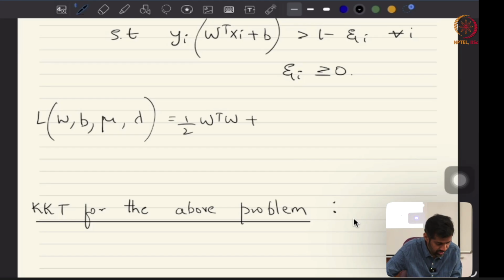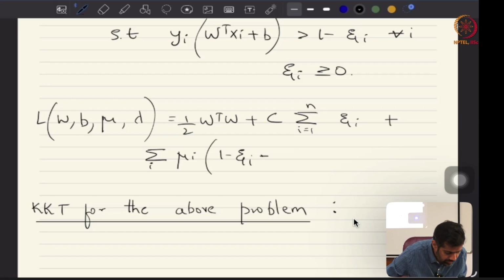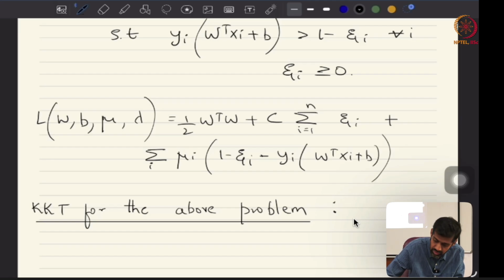The Lagrangian is equal to half W transpose W plus C times the sum over i from 1 through n of xi_i, plus mu_i times (1 minus xi_i minus y_i times (W transpose x_i plus b)), minus lambda_i xi_i. Oh sorry, this will be a function of xi also.